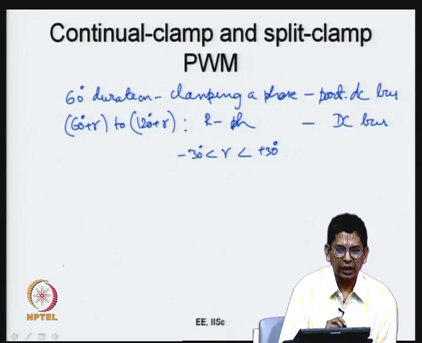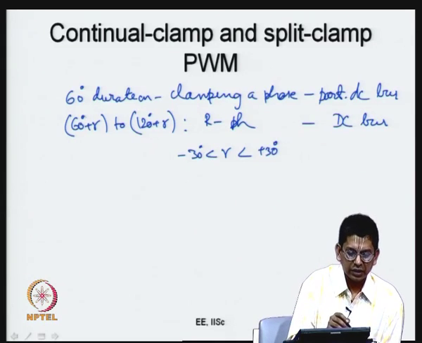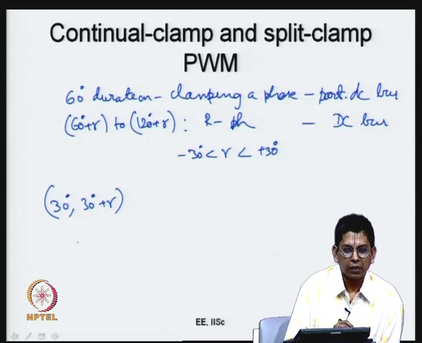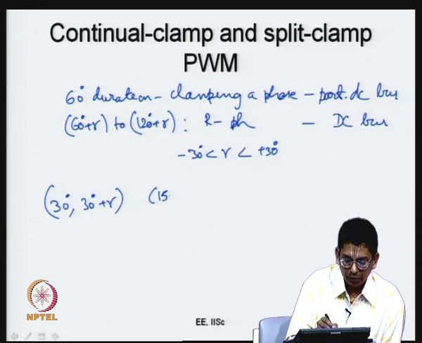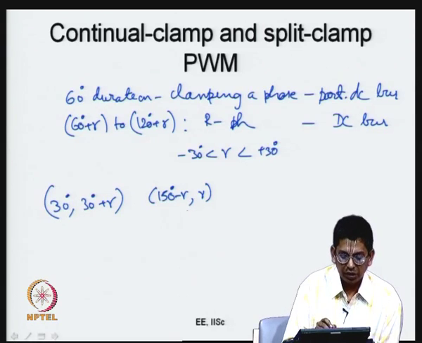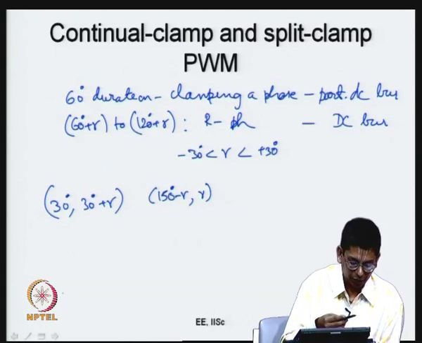Then on the other hand, if you have split clamping, what you are doing is the 60 degree duration is broken into two parts, say some 30 degree to 30 plus gamma is one possibility, and 150 minus gamma to 150. Is it right, or is there a mistake here? That is, here it is for a duration of gamma, yeah, I am sorry.